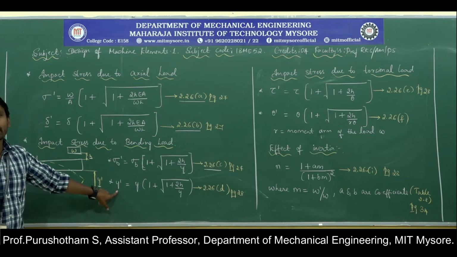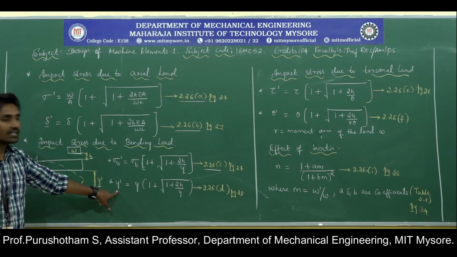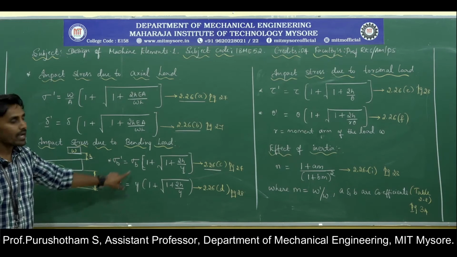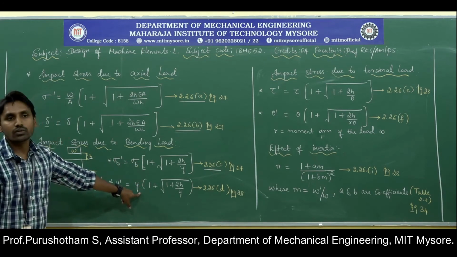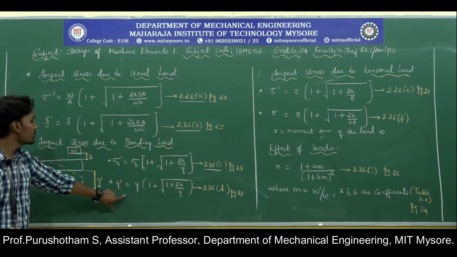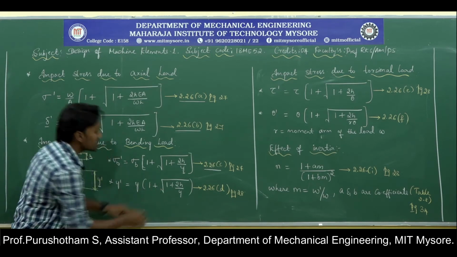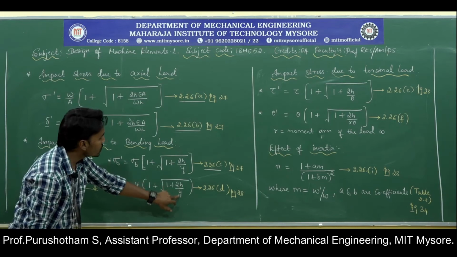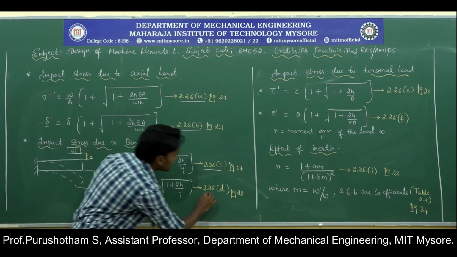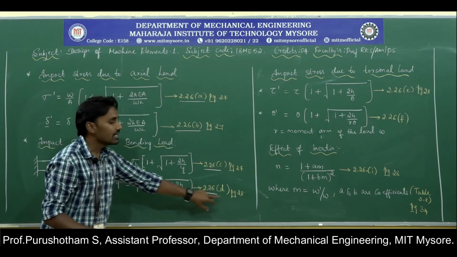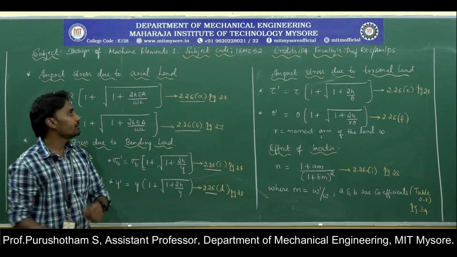In the same way, the instantaneous deflection due to impact load and the deflection due to the static load are related by the equation y dash equals y times 1 plus square root of 1 plus 2h by y, which is available in the data handbook 2.26d, page number 28.